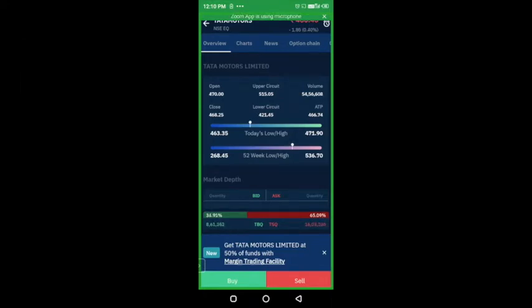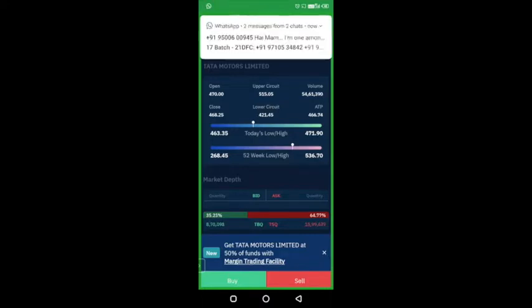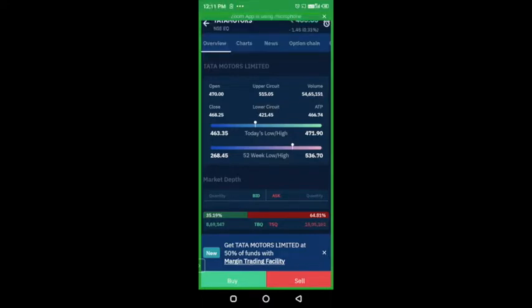So what they have done is they have made a certain boundary for the stock movement, okay? On a particular day, a particular stock can't go beyond 5%, either on upside or downside. So they have mentioned the upper circuit and lower circuit limit, okay?